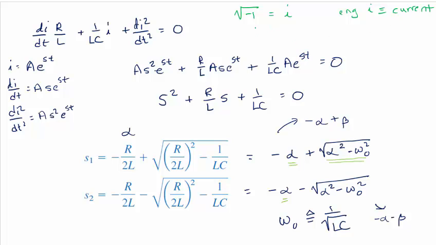So oftentimes, and we are going to do that here, we define the square root of -1 as j. So I won't be using i for a complex number in here. I'll be using j so that we don't confuse it with the i that means current. That's the convention going forward, and it's the convention in electrical engineering to say the square root of -1 is j. That makes for all kinds of jokes between engineers and physicists. So more on that later.